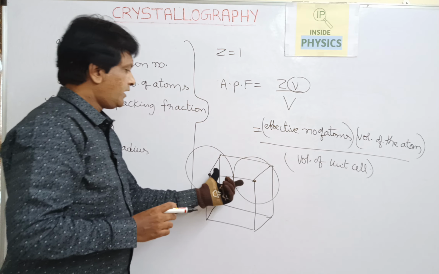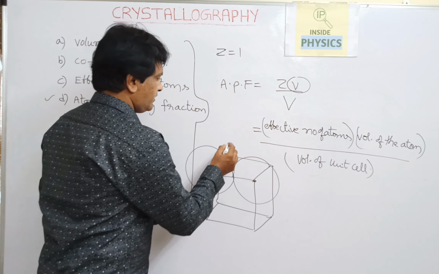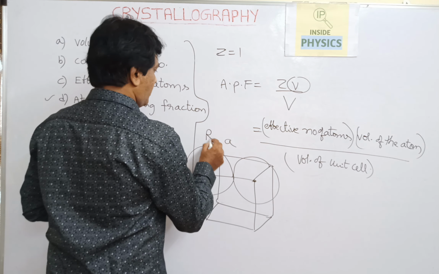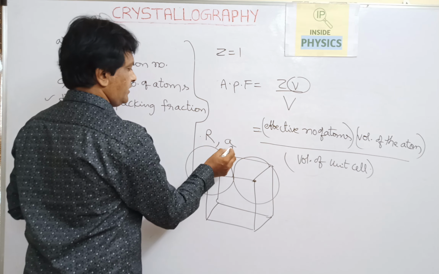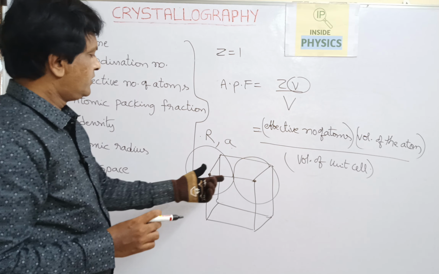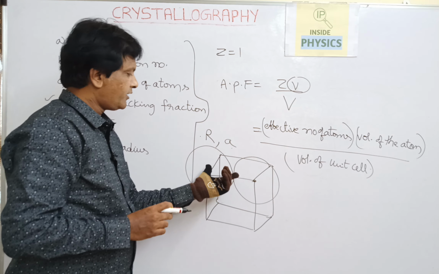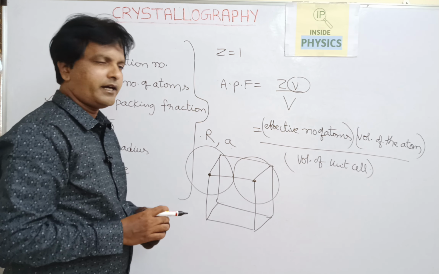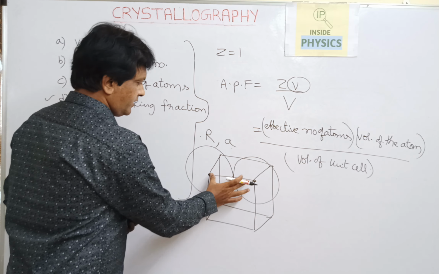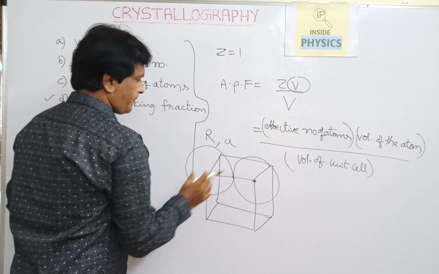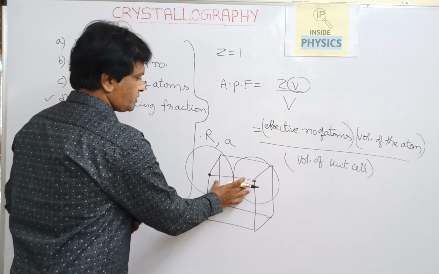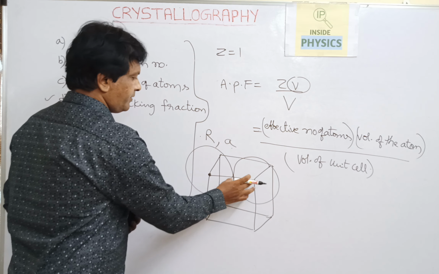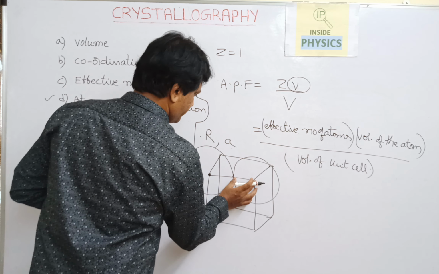So the edge length is A, and the radius of the atom is R. The atomic radius is half the minimum distance between the two neighboring atoms.